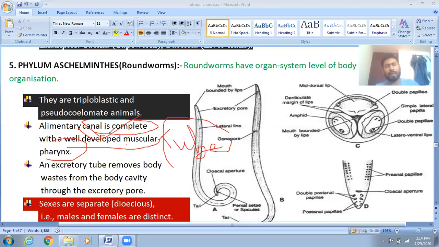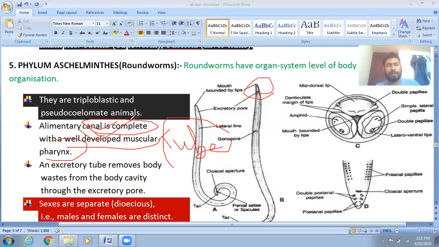Okay. And why does it say the alimentary canal is complete? Because we have already talked about digestion, which has 2 different types: one is incomplete, another is complete. Incomplete means they have only a single pore, and complete digestion means they have 2 different pores, one for ingestion and another for egestion.